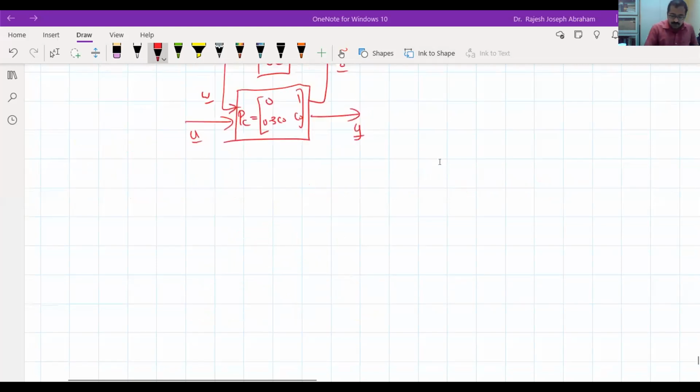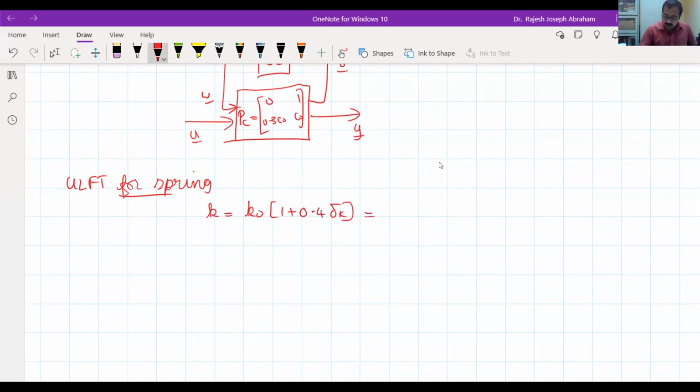ULFT for the spring. The spring had a 40% variation: K naught into 1 plus 0.4 delta K. Again, expand this. What will you get? K naught plus 0.4 K naught delta K.